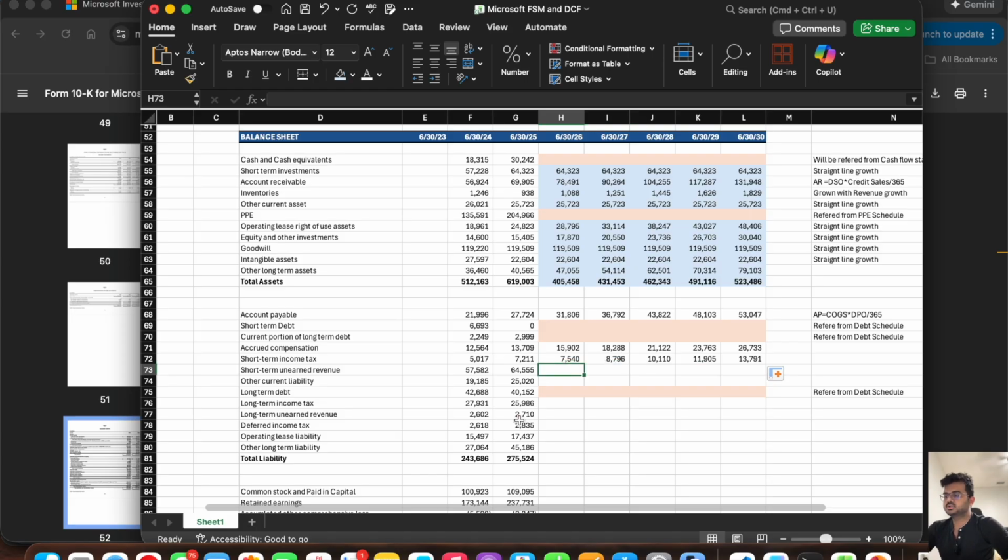Next one is short-term unearned revenue. Short-term unearned revenue, in simple words, is also called deferred revenue. Assume you are purchasing a Microsoft subscription on 1st of January 2025. Then that subscription will be for 12 months or 1 year.